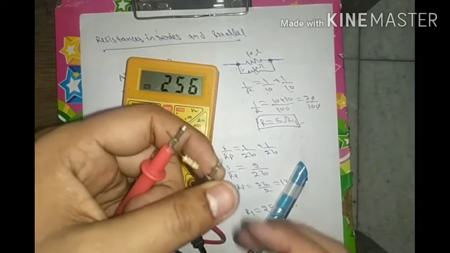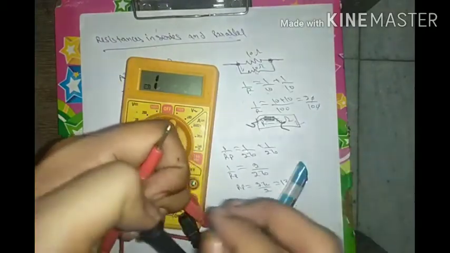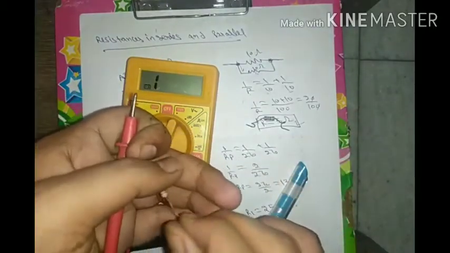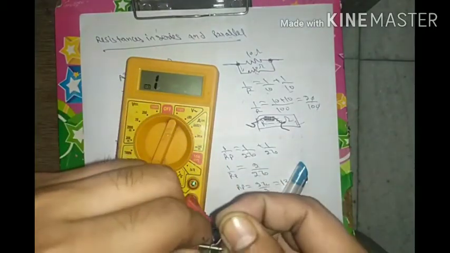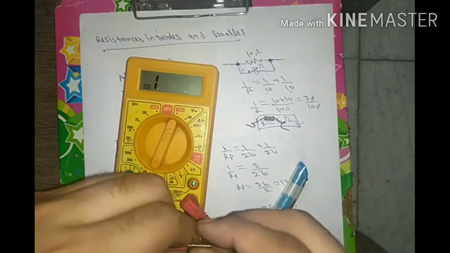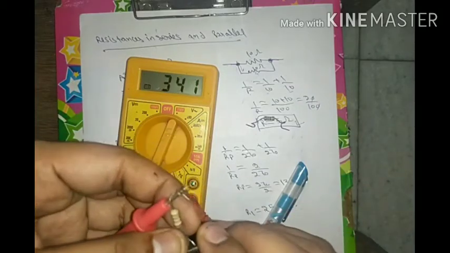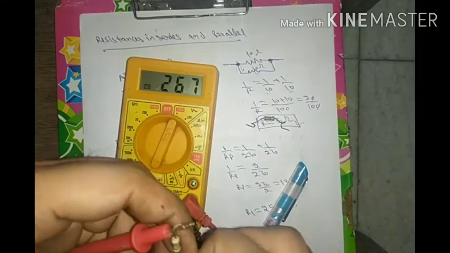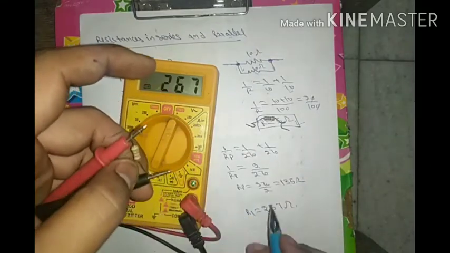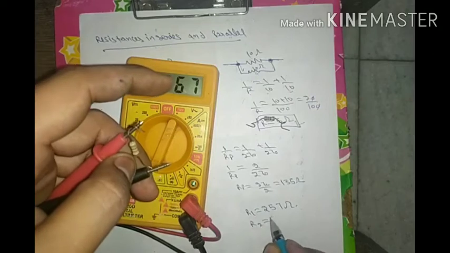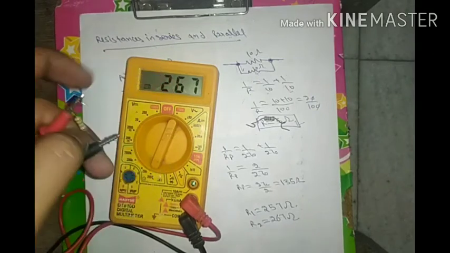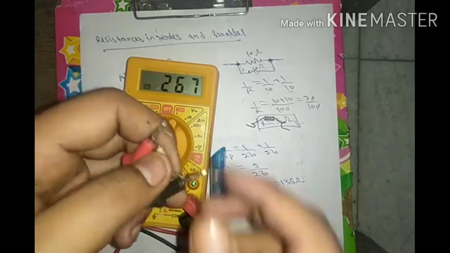Clear, friends? Okay, so keep it aside and then try with another resistance. So it shows R2 is equal to 267 ohm. Clear, students?